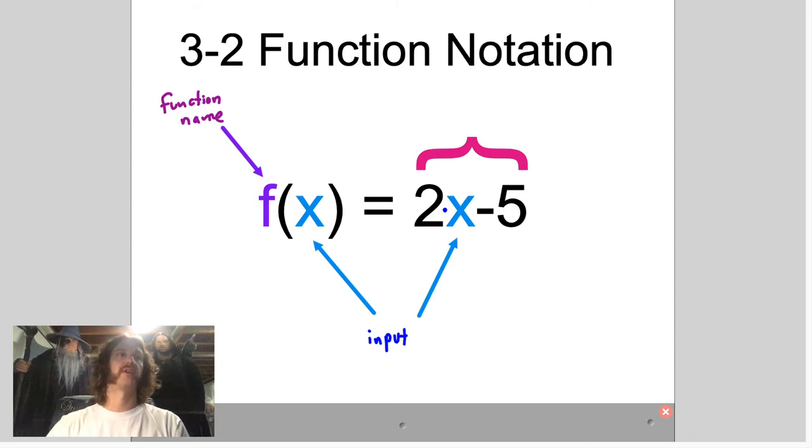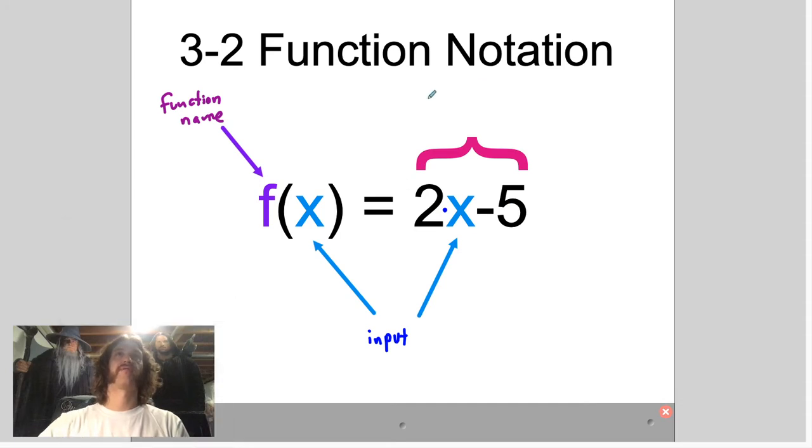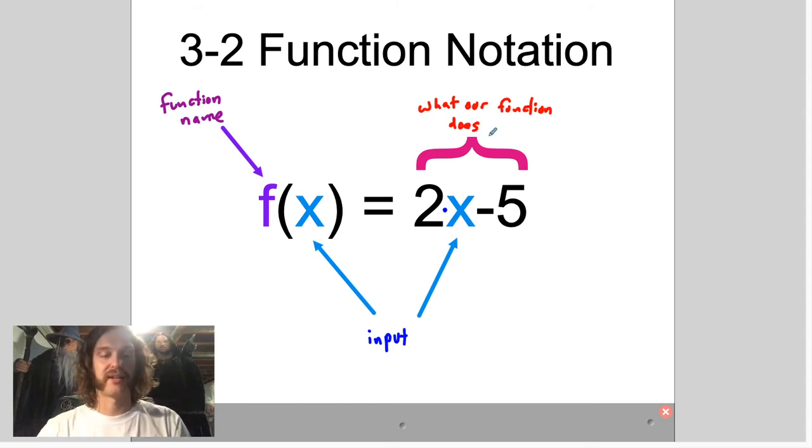Order of operations. And over here is what our function does, and ultimately what produces the result, the value of our function. So our function takes our input, multiplies by 2, subtracts 5.